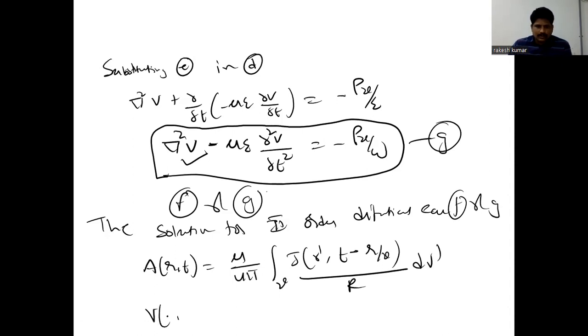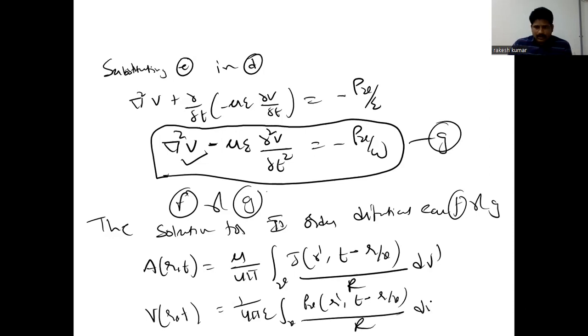Similarly, V of R comma t is equal to 1 by 4 pi epsilon integral of rho V of R dash, t minus R by v, by R, dv dash. These are called retarded potentials.